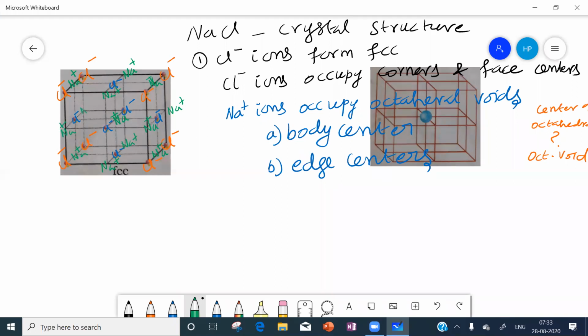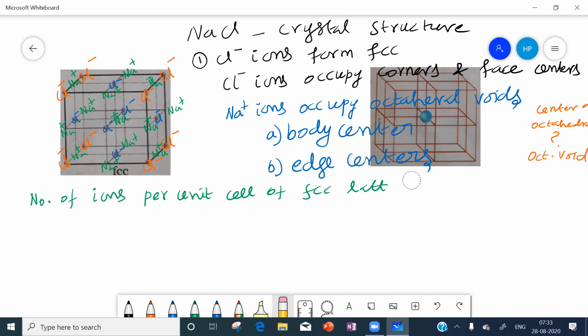Back face edge centers completed. So we completed all. Now we will see the number of ions per unit cell of FCC lattice.